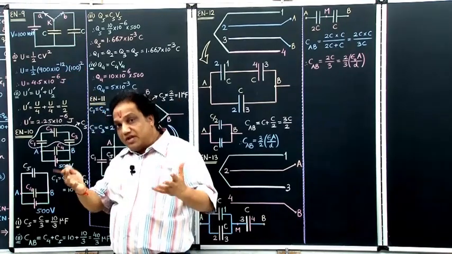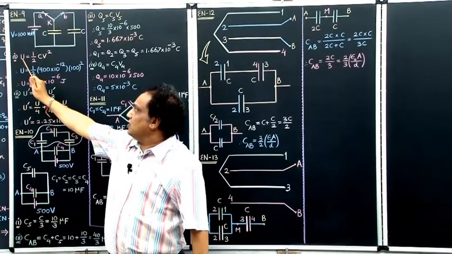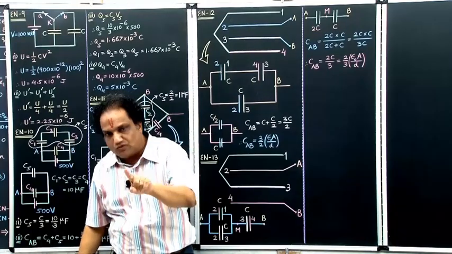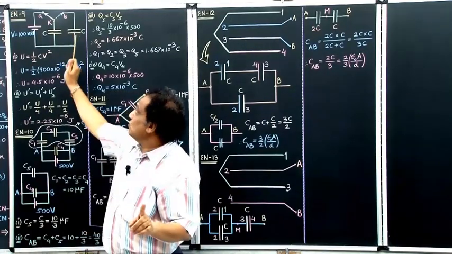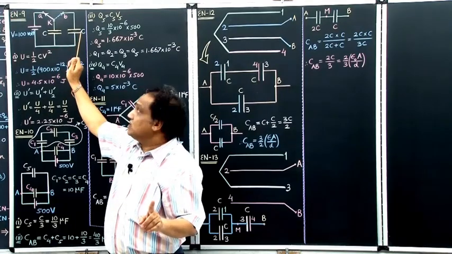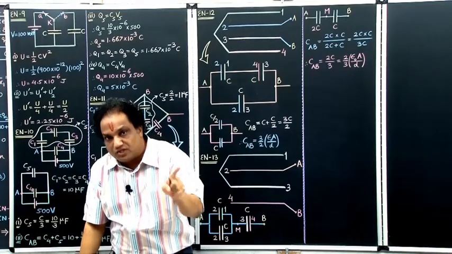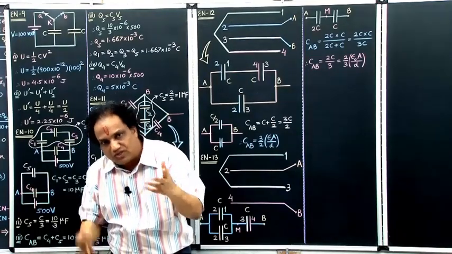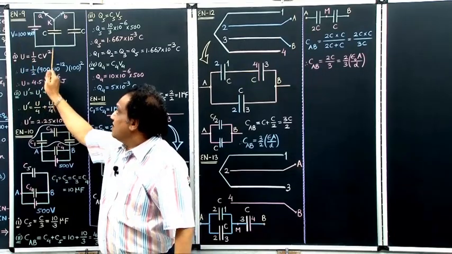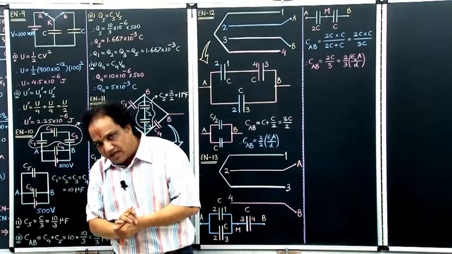So initially what is the total potential energy? Let it be capital U. As such you can write U equals U1 plus U2, but U2 will be 0 because this battery is not connected with this capacitor, so this capacitor will not get charged up. So U equals U1 plus 0, that is U equals U1, and that U or U1 you can write this way, 1 by 2 CV square, the formula of electrostatic potential energy.